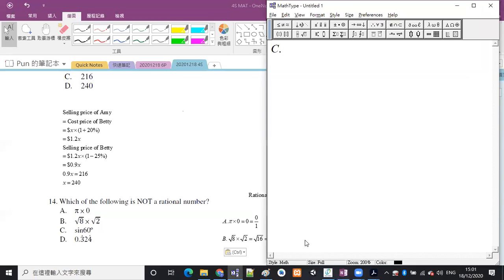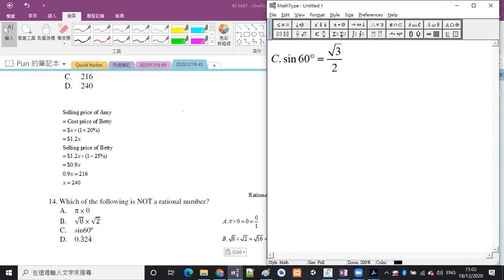C, sine 60 degrees. If you remember, sine 60 degrees is equal to square root 3 over 2. Just want to tell you, what are not rational numbers? A number with square roots that cannot be cancelled.